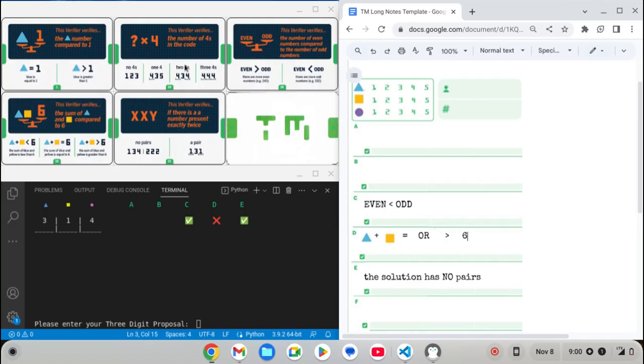Let's see. Well, I don't think you could have 3 4s, because if you had 3 4s, it'd fall under the no pairs scenario, again making this irrelevant.